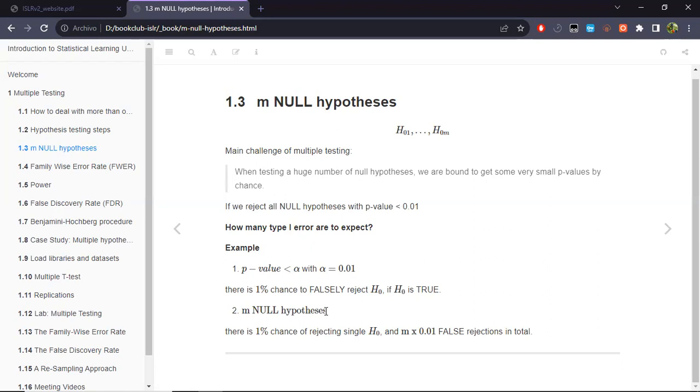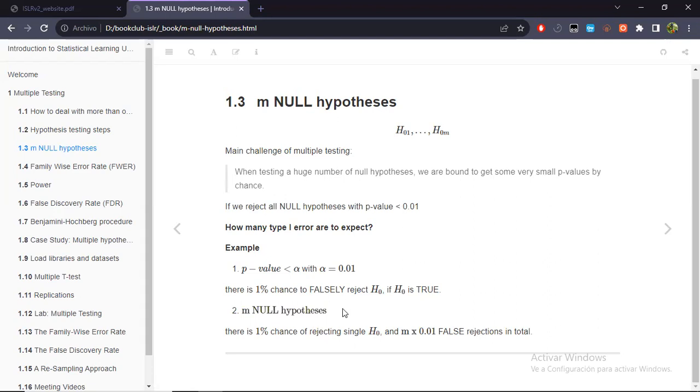So now in the case of having m null hypotheses, if there is a 1% chance of rejecting a single one of those null hypotheses falsely, then we would expect something like m times 1% false rejections in total. That is, m times 0.01 false positives in this multiple testing scenario.